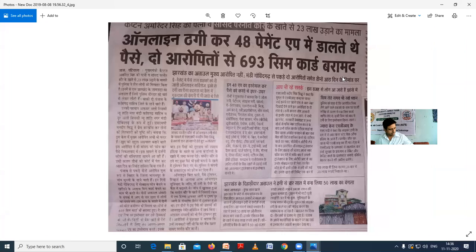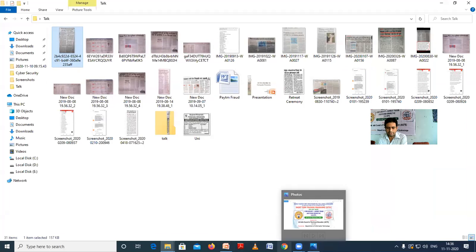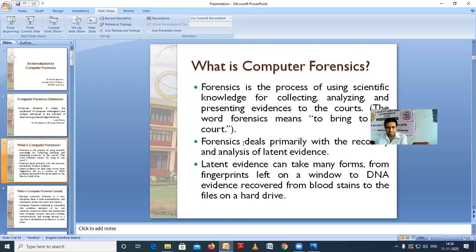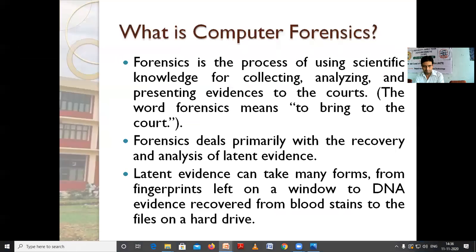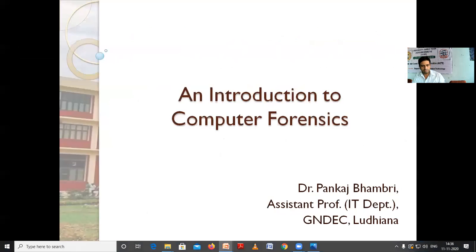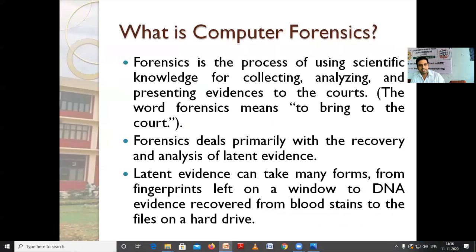So these are the multiple media clips. That's why the relation of cyber crimes and forensics is attached to the need of everyone. I have introduced this from this slide, and defined computer forensics and where it is utilized.